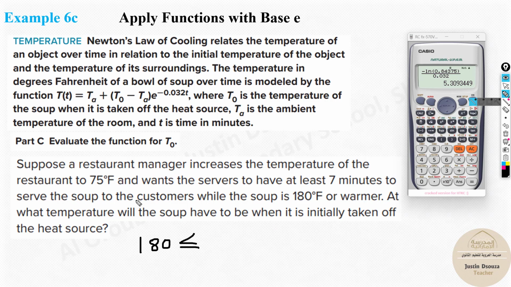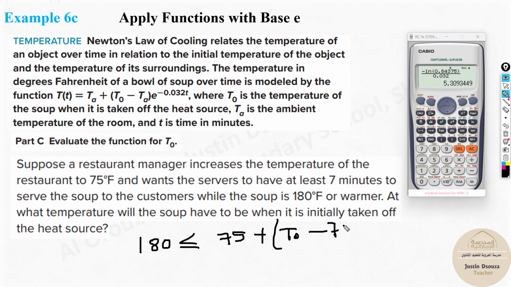Here TA, the ambient temperature, is 75, plus T naught minus TA, which is 75. We don't know when we should stop heating, how much the initial temperature must be, or when the gas must be switched off and the soup taken off the source of heat. So this is unknown, T naught.